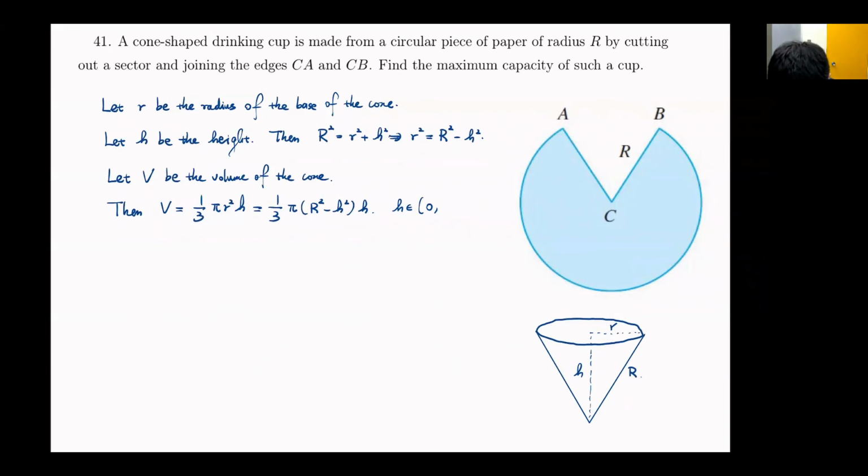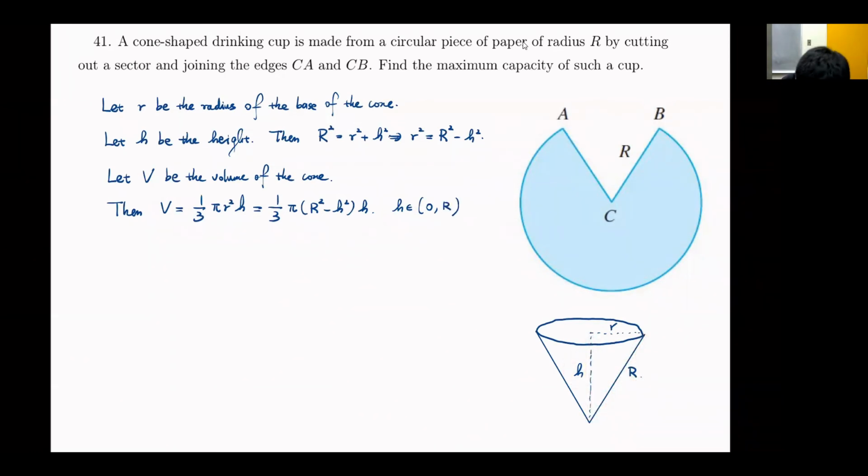The largest possible value of h, you can see from this picture that it cannot be larger than R. Because in this picture, the adjacent of this angle is supposed to be strictly smaller than the hypotenuse of this angle over here. So that means h has to be strictly less than R.